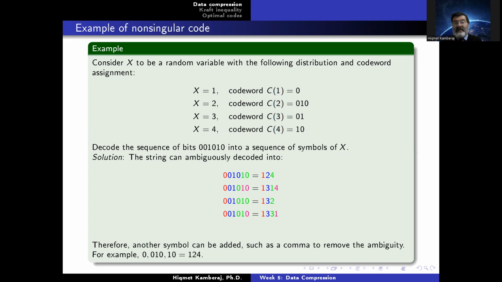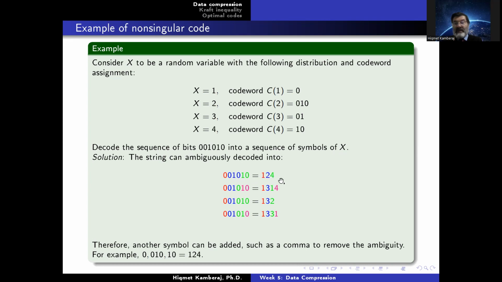So the string can be ambiguously decoded into the following symbols of X. Initially, we can take 0 in red and decode it into the symbol 1. Then we can take the 0, 1, 0 in blue and decode it as 2. Then with 1 and 0 left, we decode it as 4. So this would be the sequence of symbols 1, 2, and 4.